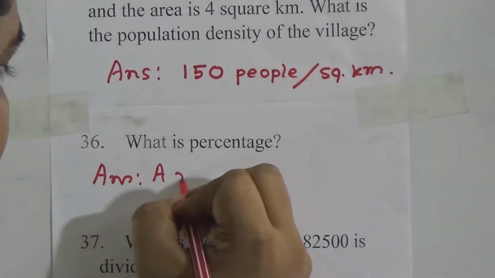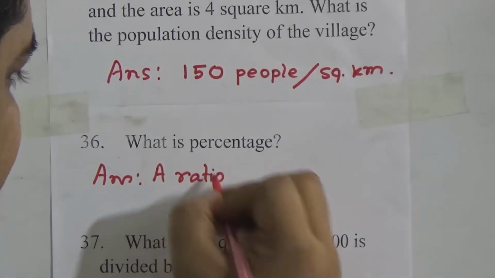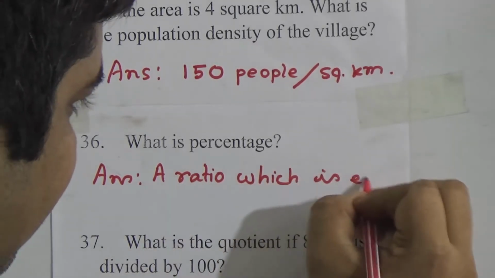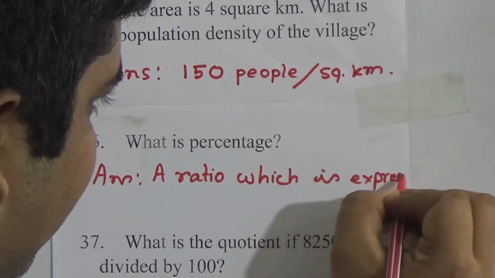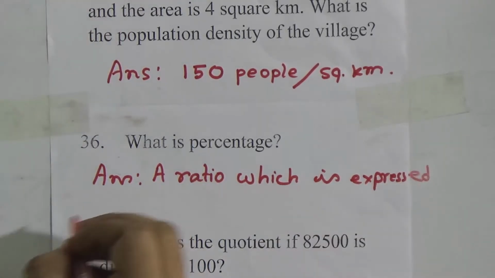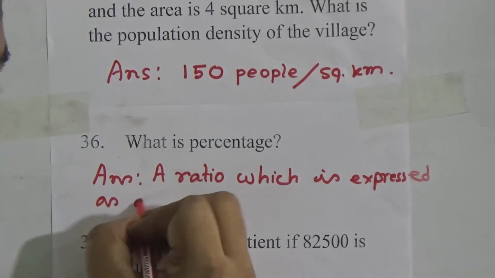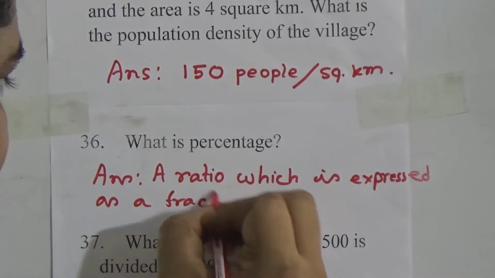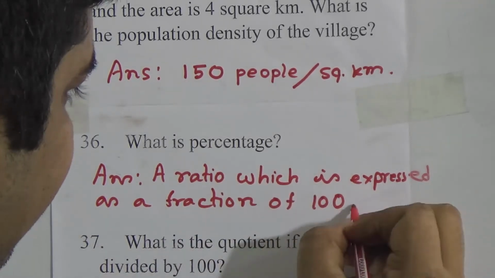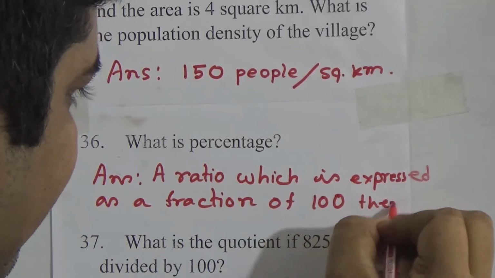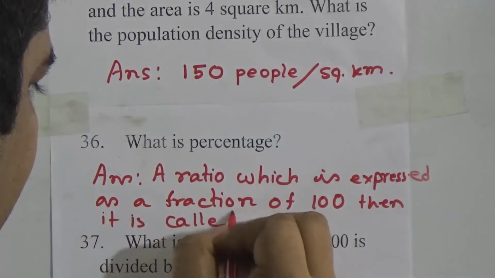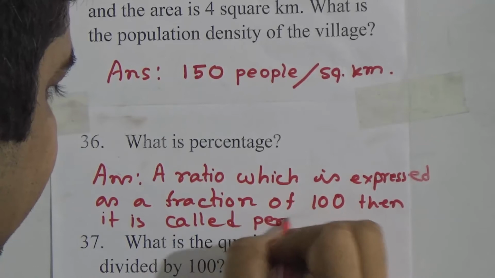A ratio which is expressed as a fraction of 100, then it is called percentage.